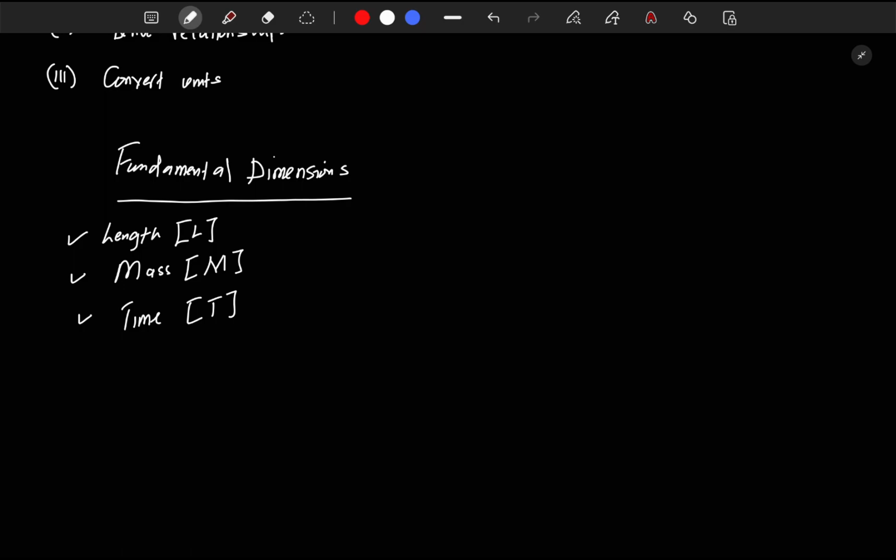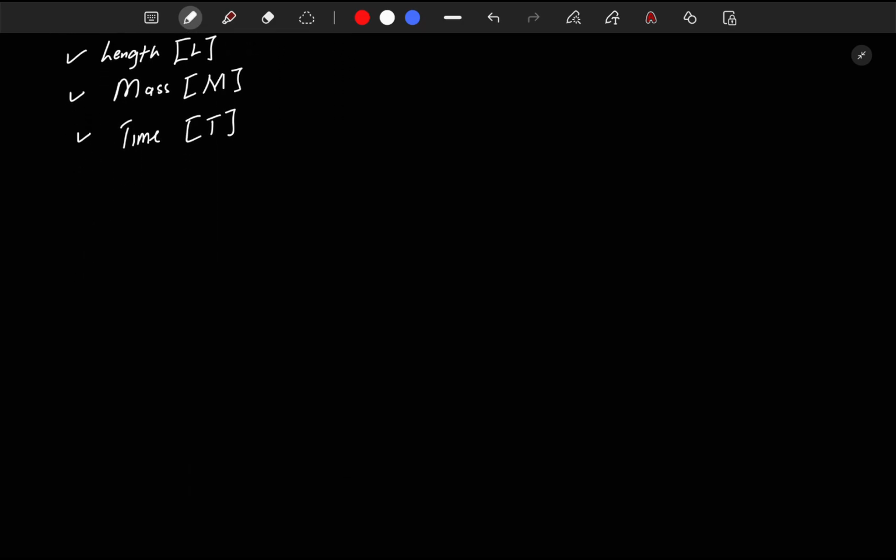We know that, of course, length is measured in meters, mass is measured in kilograms, and time is measured in seconds. Keep that in mind.